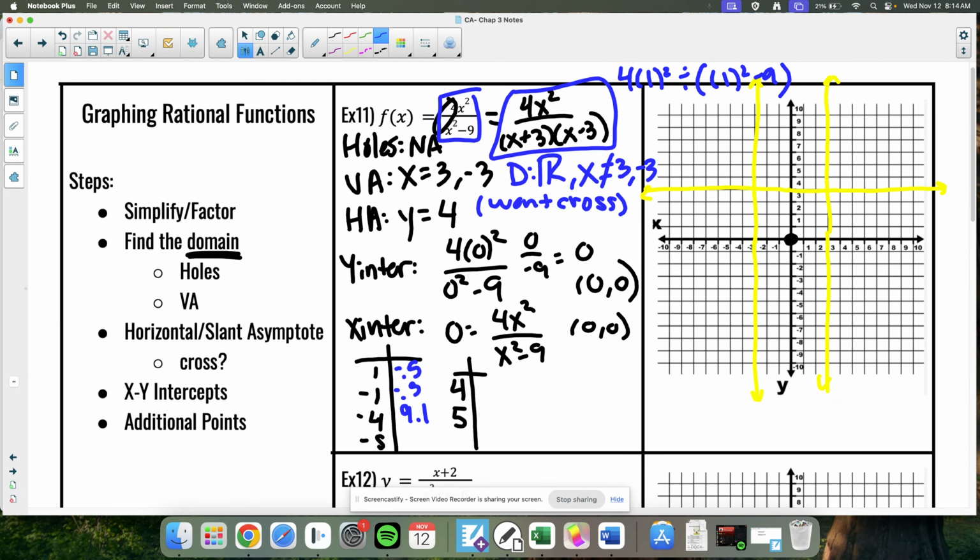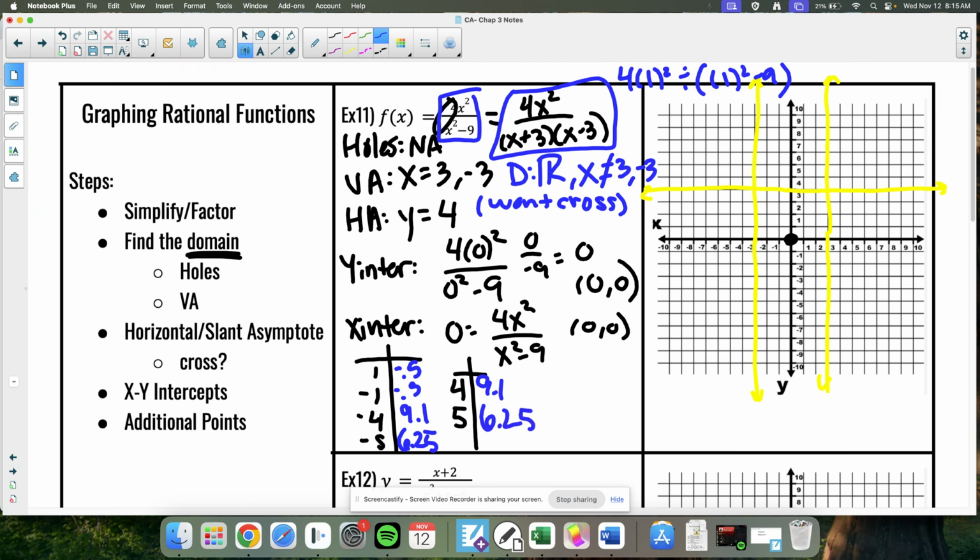Oh, you got a negative 4. Okay. All right, negative 5, 6.25. 4. Do you guys agree? 4 is 9.1? Yeah. 5 is.